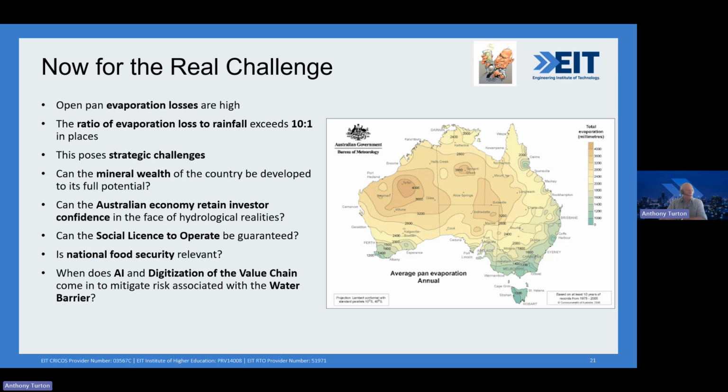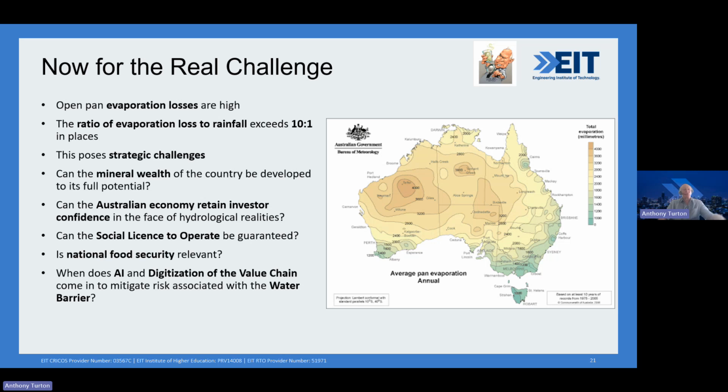And if you look at the scale on the right-hand side, we go all the way up to 4,000 millimeters of open pan evaporation. Look in the northern part of Western Australia, where you've got extremely high open pan evaporation, and that is our engineering problem. The ratio of evaporation loss to rainfall exceeds 10 to 1 in places.